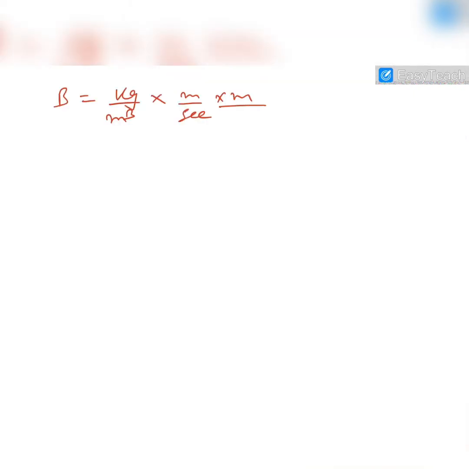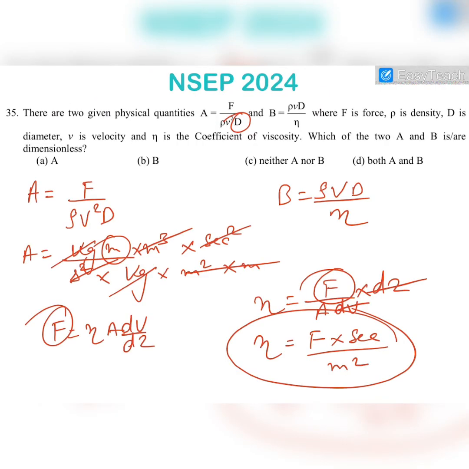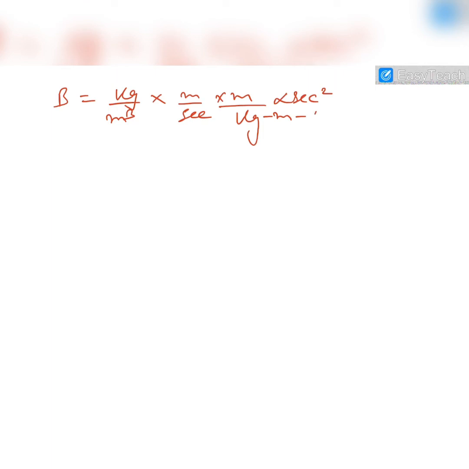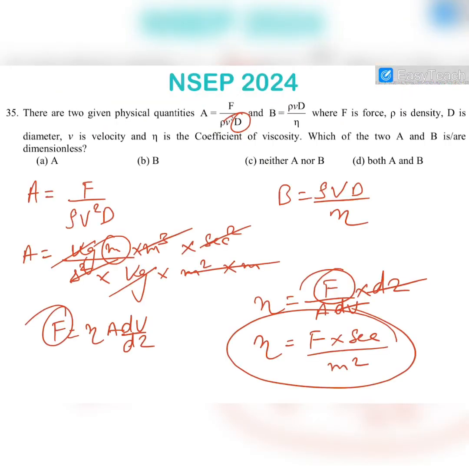So force is kg meter per second square. This is force, and second per meter square. So you can see that second square is cancelled with second square, and meter to the power 4 is cancelled, and kg is cancelled with kg. So quantity B is dimensionless. So correct answer is B. Now let us move on to the next question.